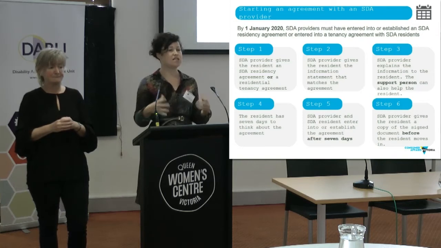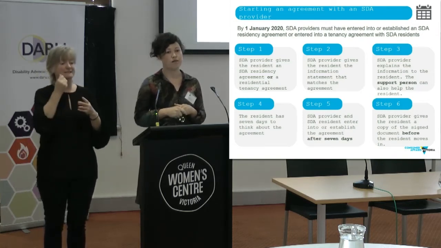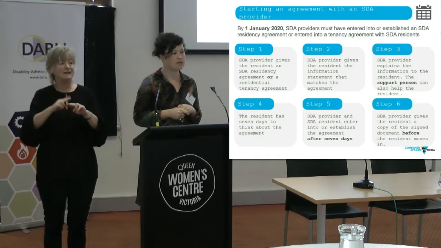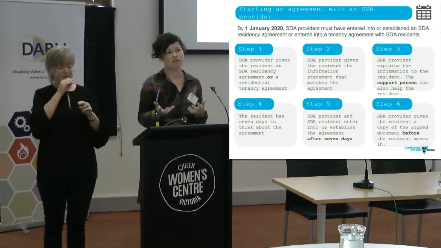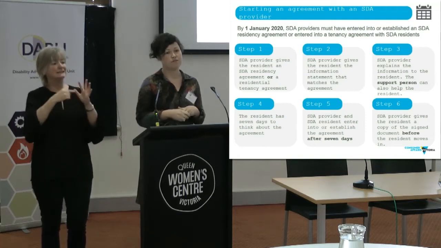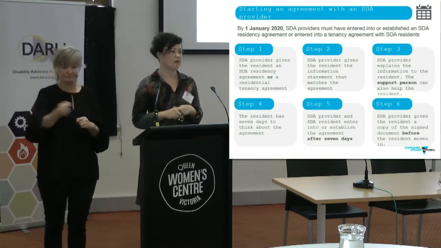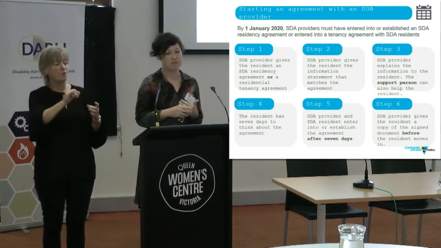So it's built into the legislation that the SDA provider must seek support for that client if they need help in understanding it. If the resident doesn't have a chosen person, then the SDA provider must find them someone, and that person can't be employed by or associated with the SDA provider.